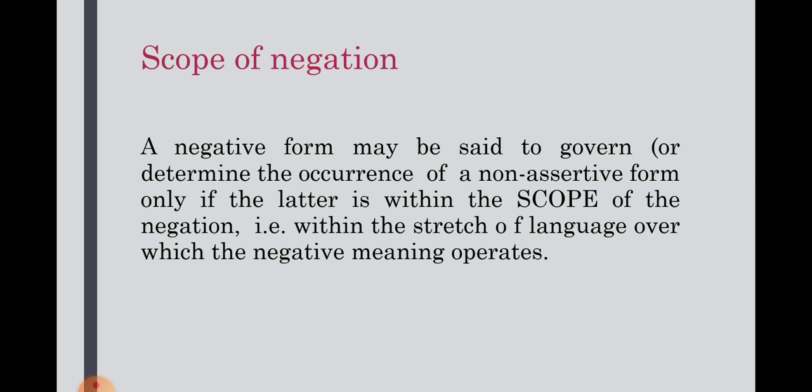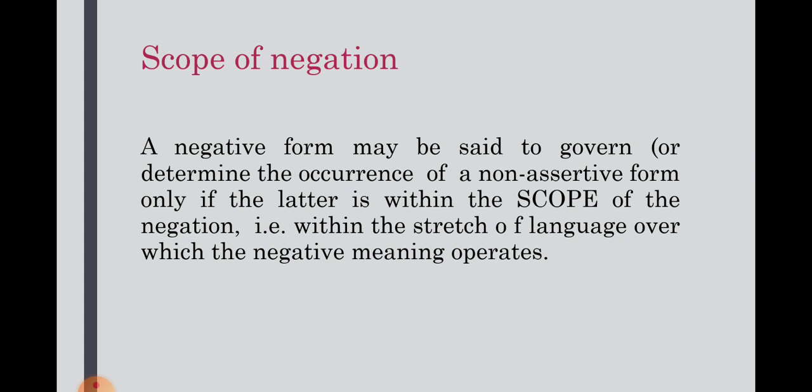When we have a negative word or a negative morpheme, does this negation affect only the word itself or the whole sentence or part of it? So the extension of that effect is what we call the scope of negation.